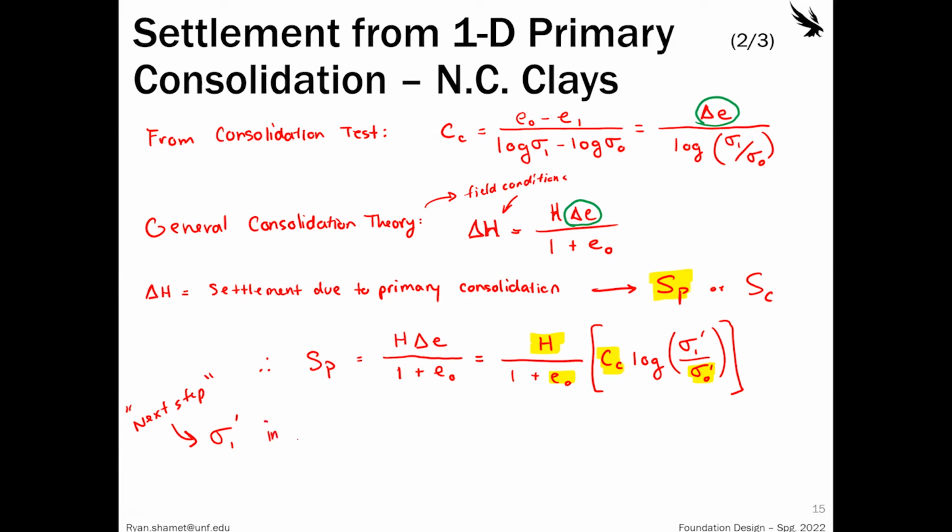So again, next step, this in the real world we know is really just our initial stress plus a change of stress, delta stress, right? So this delta should look familiar. This is just our delta sigma from loading at the surface.